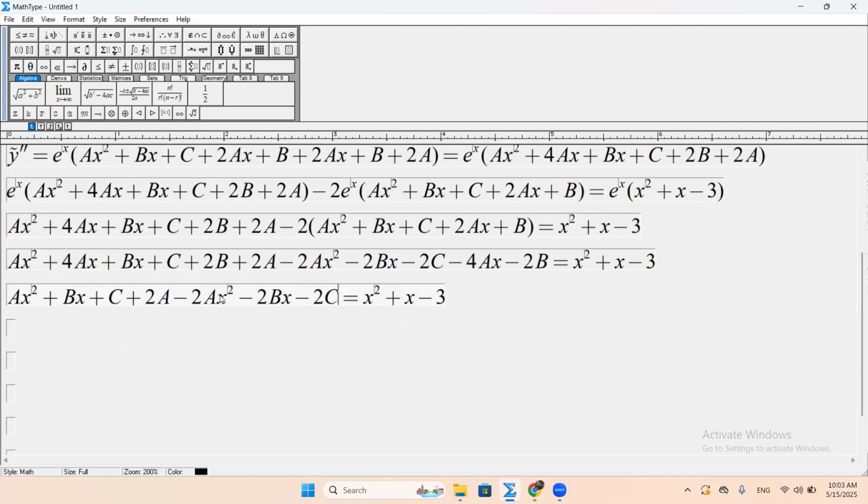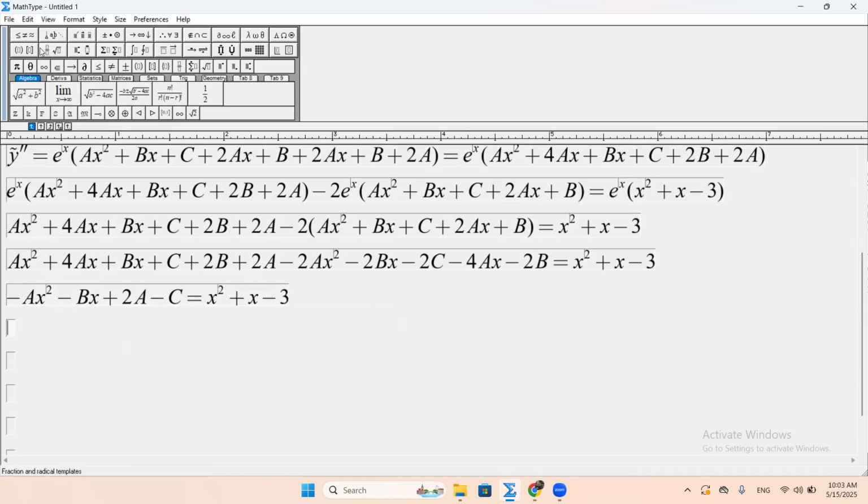And actually that's all that can be cancelled. Here writing down: minus ax squared, then minus bx, plus 2a and minus c.